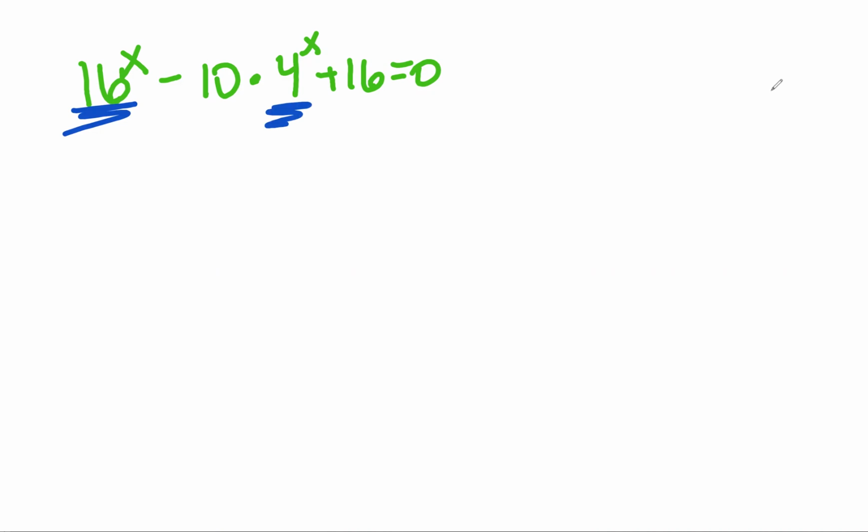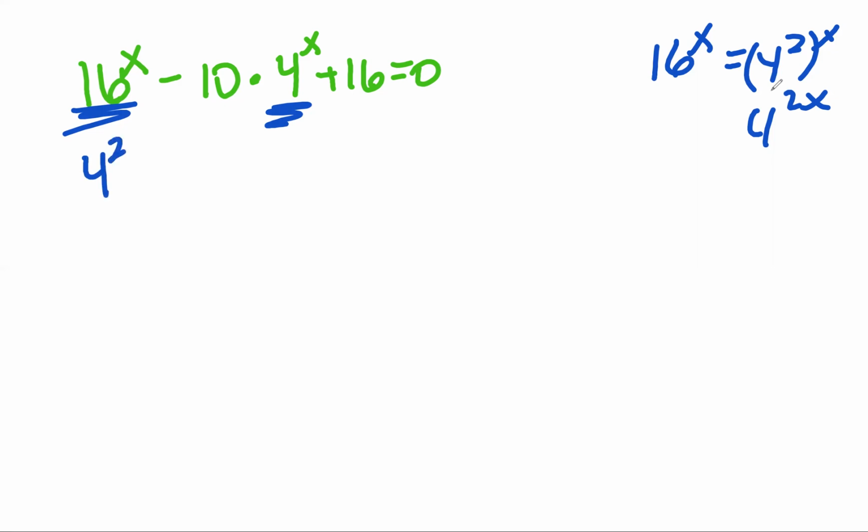So remembering 16 to the x is the same as 4 squared to the x power, or 4 to the 2x power. So I can rewrite this as 4 to the 2x minus 10 times 4 to the x plus 16 is equal to 0.